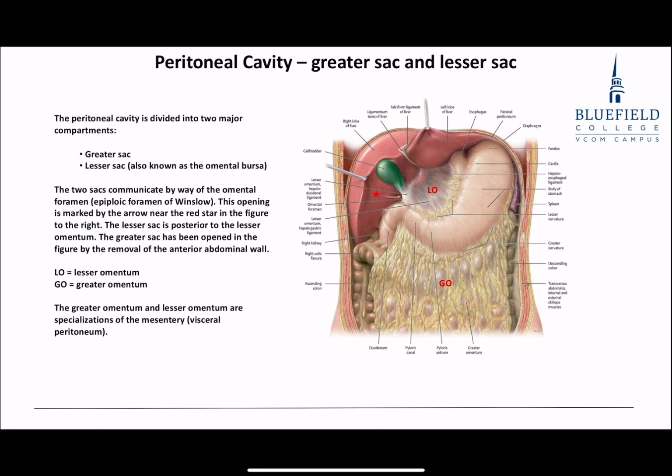There is a space called the retroperitoneal, and we call them retroperitoneal organs, like the kidneys, which are posterior to the parietal peritoneum. They never touch the peritoneum at all. So I'm just going to have to remember that the mesocolon attaches to the posterior wall. Yeah, yeah.